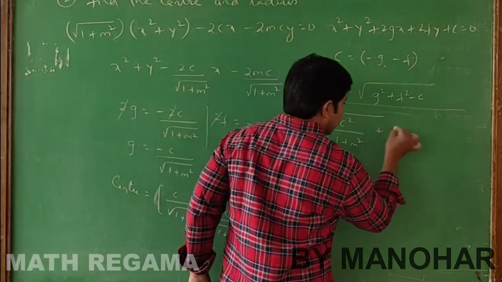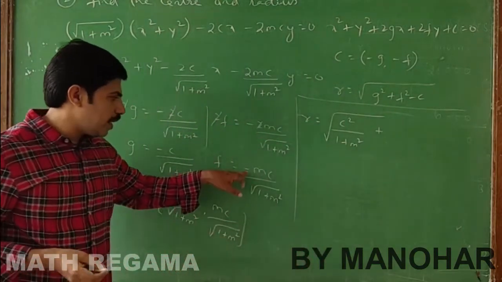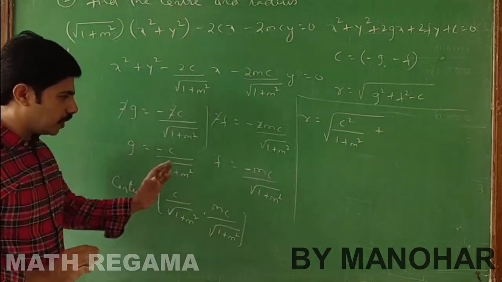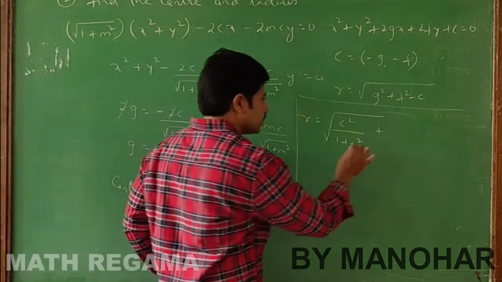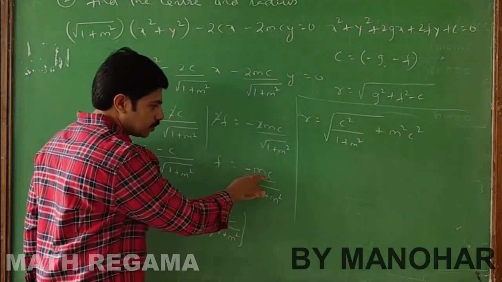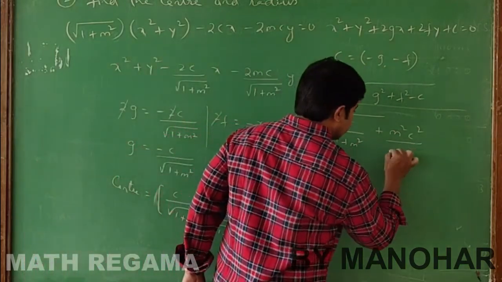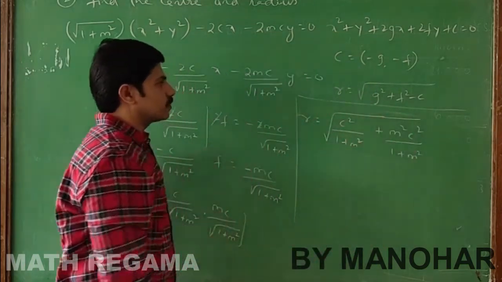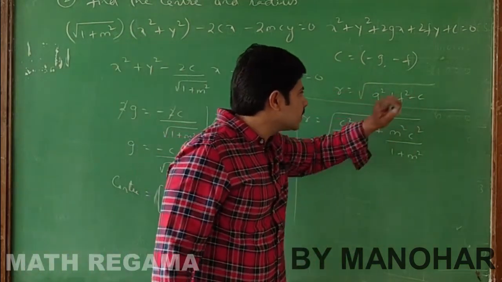Plus f square. So I am squaring this, minus mc by under root of 1 plus m square. The result for this is m square c square by 1 plus m square. So g square plus f square minus c.